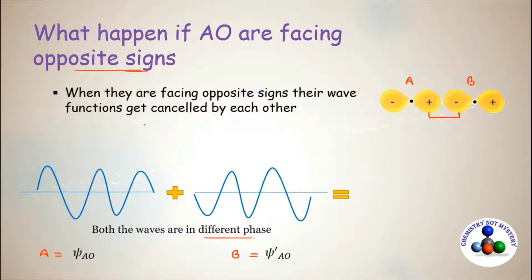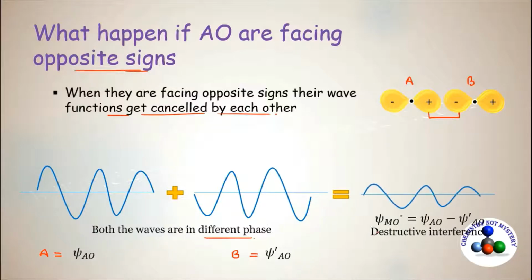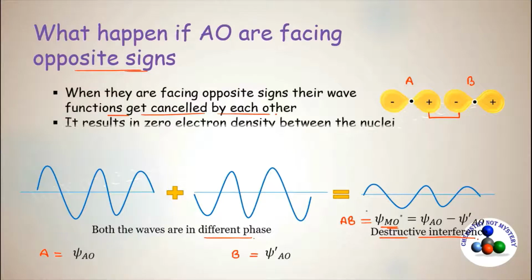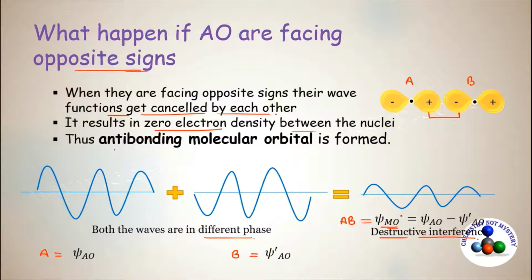When you add both the waves, wave functions get cancelled by each other and you will get a smaller wave function as a result of destructive interference. This is the wave function of molecule AB. Due to destructive interference, electron density decreases to zero between the two nuclei, and it results in the formation of antibonding molecular orbital.